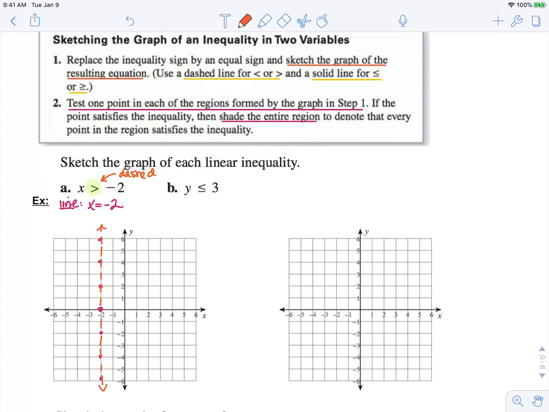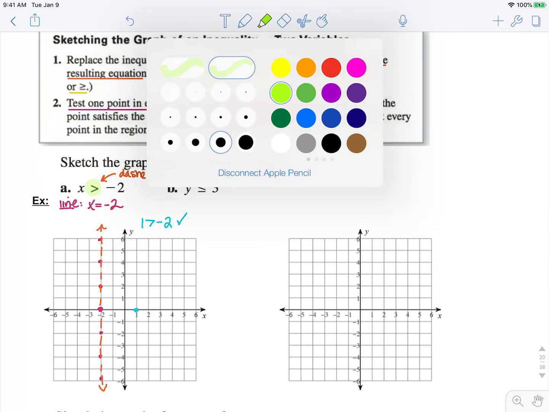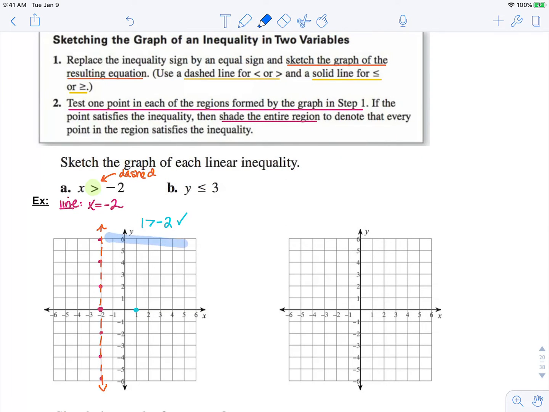So now I need to check my shading. If I pick a point, let's say here, where x is 1, 1 is greater than -2. So that means I'm going to shade everything to the right of this line, which includes that checkpoint, that test point.